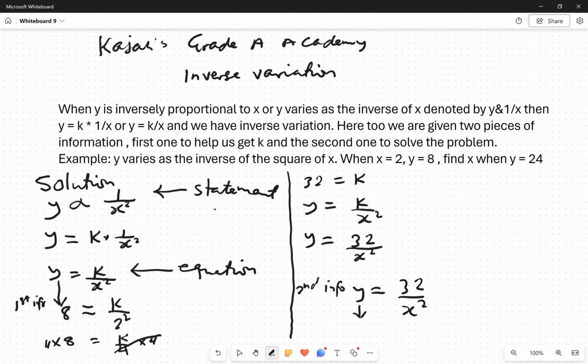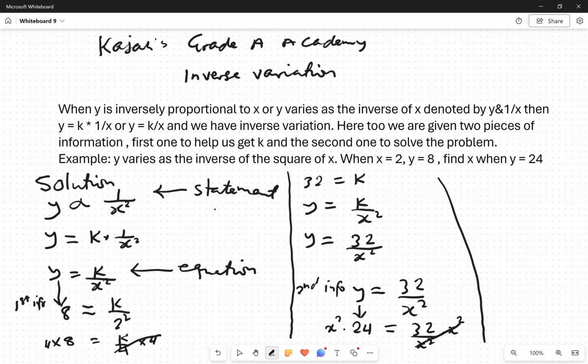So this one is y is 24. Now we're looking for x, and therefore we have to change the subject, we multiply through by x squared. So let's multiply here by x squared. Dot means multiply, and then you multiply here also by x squared. So this one will cancel that.